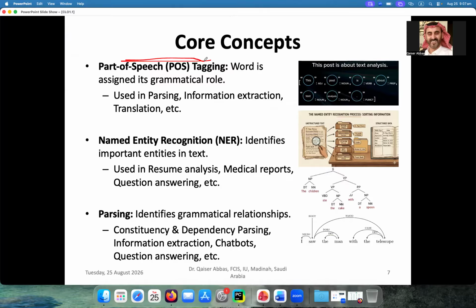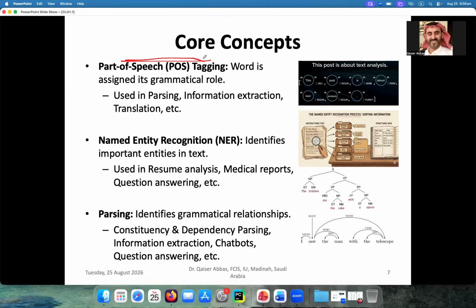Part of speech tagging or part of speech labeling. Every language normally has these classes in it. What is a noun? What is an adjective? What is a verb? What is a preposition? You have these classes in Arabic, in English, in Urdu, whatever.